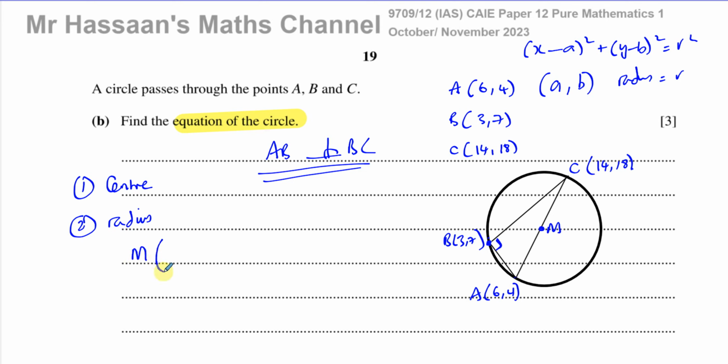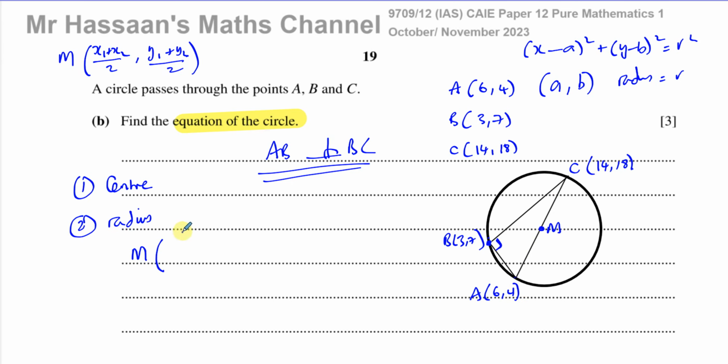The midpoint of AC is going to be, when you take the coordinates, now to find the midpoint of a line segment, you take the x coordinates and you add them together, divide by 2, and you do the same for the y coordinates. Take the y coordinates, add them together, divide by 2. It's like you're finding the average of the x and y coordinates. So the midpoint is halfway between AC.